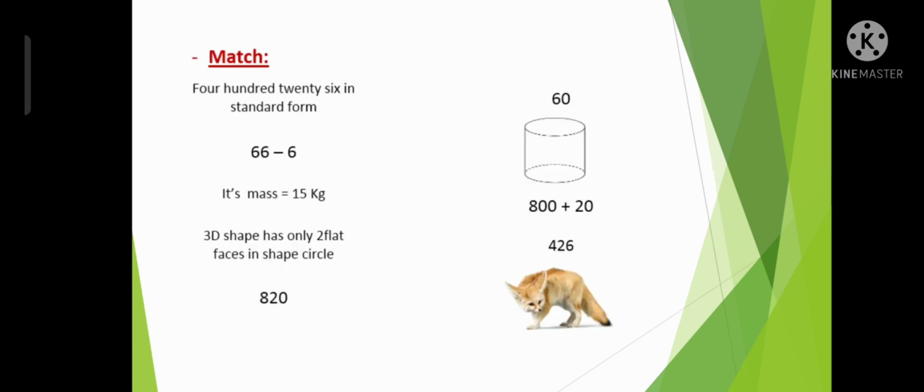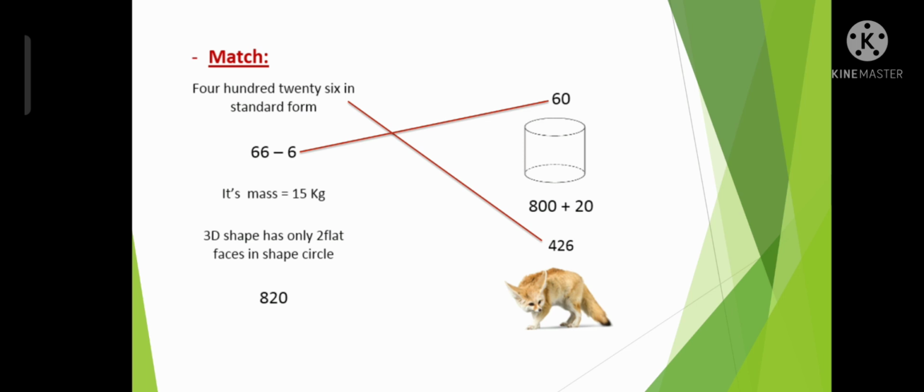Match. The first one, 426 in standard form. Okay, 66 minus 6, the answer will be 60. Its mass is 15 kilograms. We know that for the measuring unit for mass, we have kilogram for heavy objects, and gram for light objects, okay?